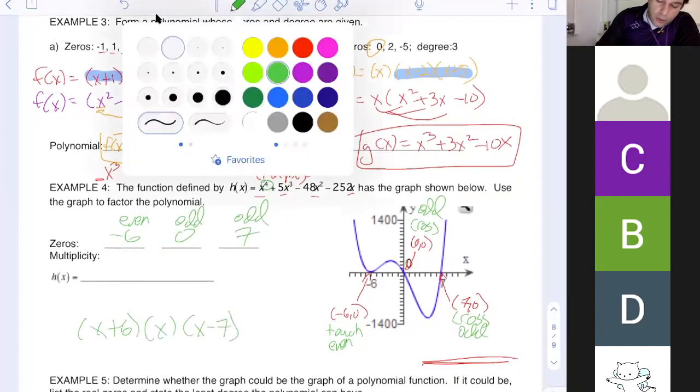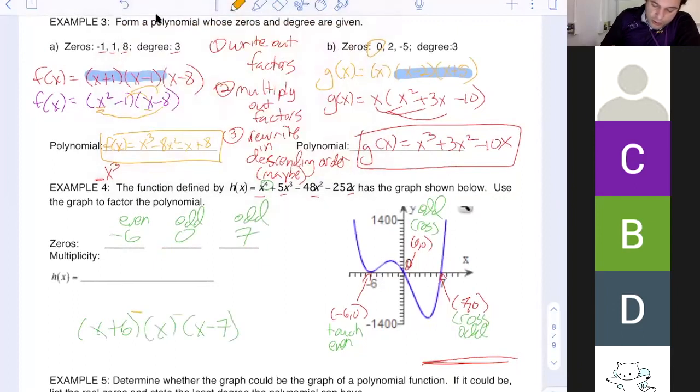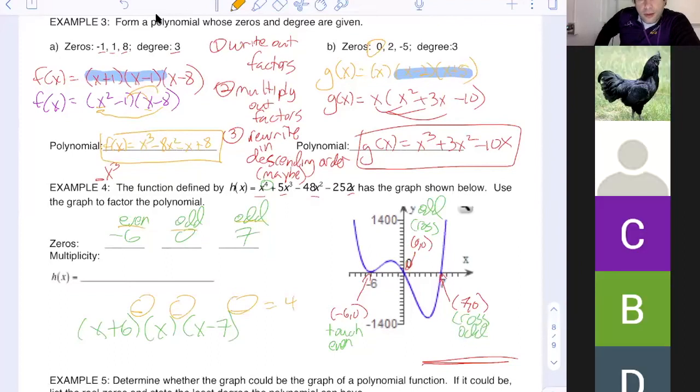What we don't know is the exponents. But we have a good idea. We know it has to add up to 4, and we know that 2 of them have to be odd, and 1 of them has to be even. So what are these exponents going to be that when I add them together, I get 4? 1, 1, and 2.